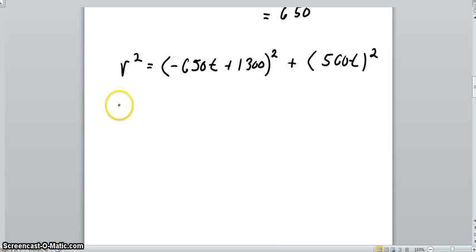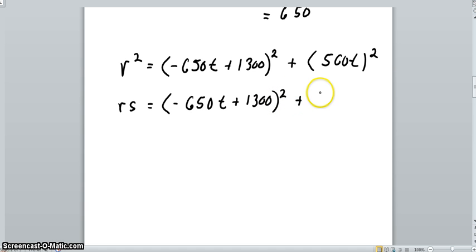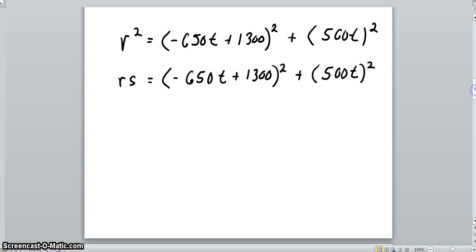So maybe we just call this rs or something like that for r squared. The minimum value will occur at the same value of t. So in other words, we're going to get rs prime, set that equal to 0, and solve for t. And then we should have the answer to our question.